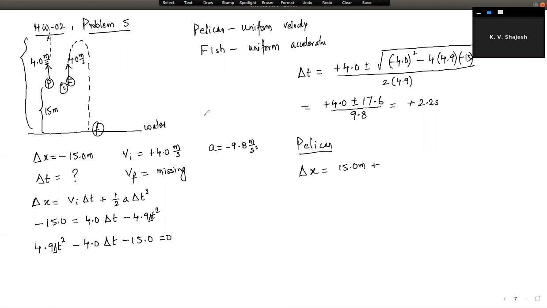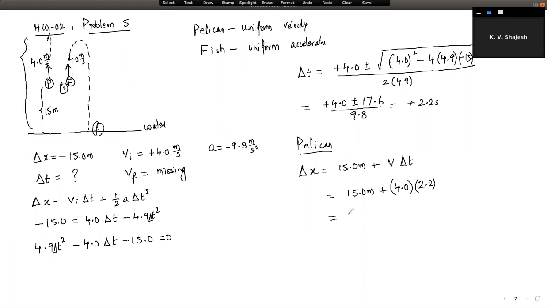The displacement in uniform velocity is whatever its velocity is times delta t. It doesn't matter initial or final because it's constant for uniform velocity, and time we say is 2.2 seconds. So it already starts from 15.0 meters. Velocity is 4.0. It keeps steadily going at 4 meters per second, and the time is 2.2 seconds.